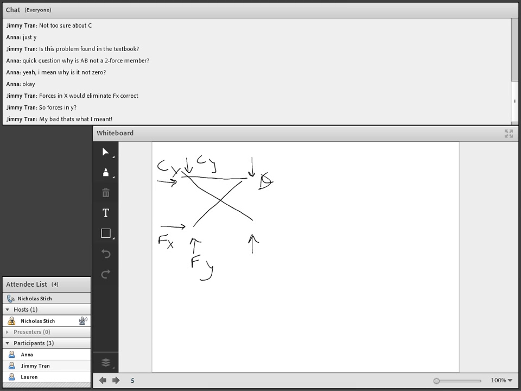Also, I think I made a mistake earlier when I said that the weight should be on here. In this free body diagram, we're not including the weight because the reaction forces at C and D account for the weight.